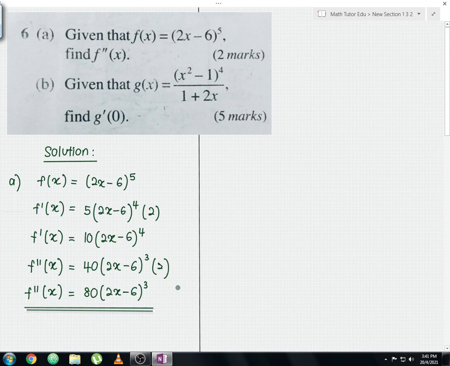Let us proceed our discussion for the question part B now. To find the differentiation of g(x), we're going to use the quotient rule. In this case, the numerator will be the u and the denominator is going to be the v. If you don't know the quotient rule, allow me to write the formula over here. The quotient rule is equals to v u prime minus with u v prime, and then you divide with v square.